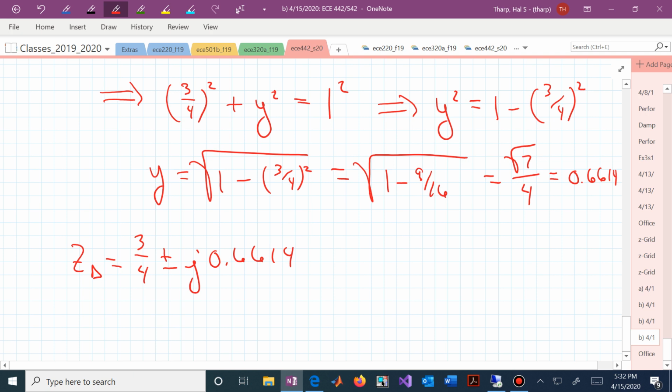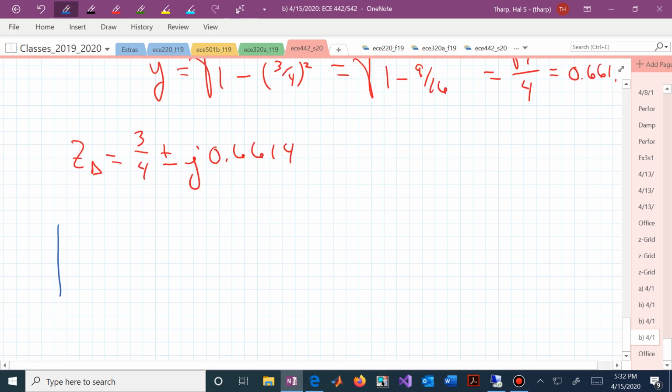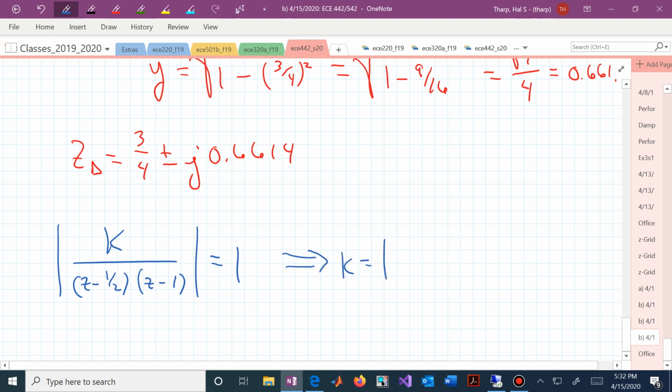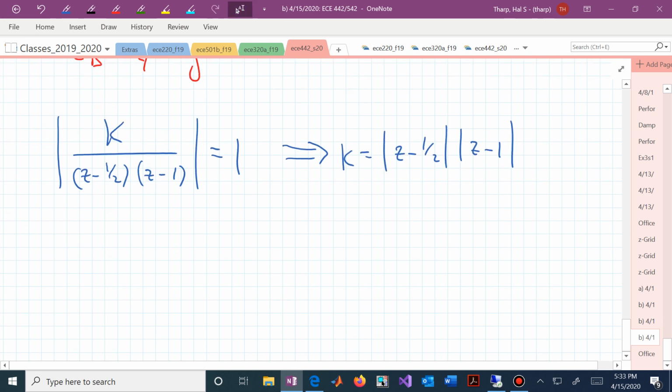0.6614. And we know from the magnitude condition that k times g, which is now k over z minus 1/2 and z minus 1, has to have a magnitude of 1, or k is now this product of pole factors. And we can find the upper limit of stability, which is k, let's say, sub delta.